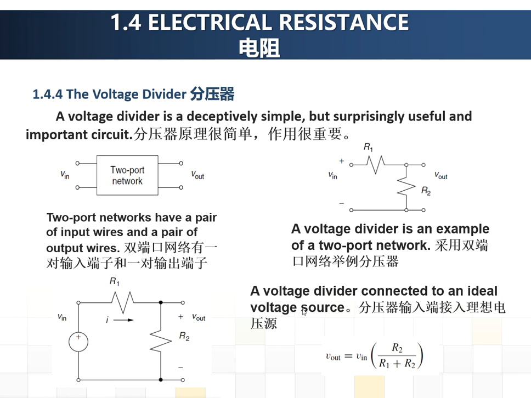Section 1.4.4, the voltage divider. Let's first learn about two-port networks. Two-port networks have a pair of inputs and a pair of outputs. A voltage divider is an example of a two-port network.